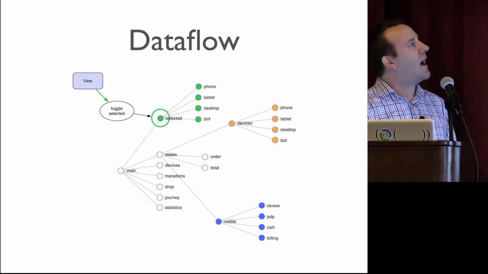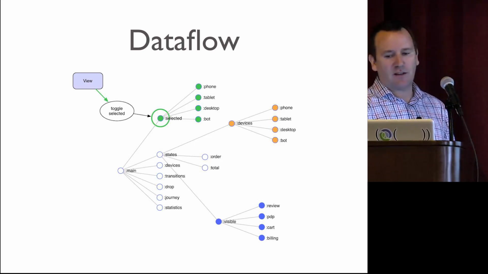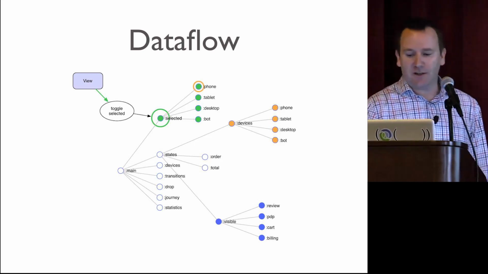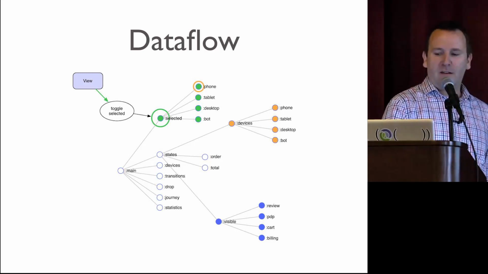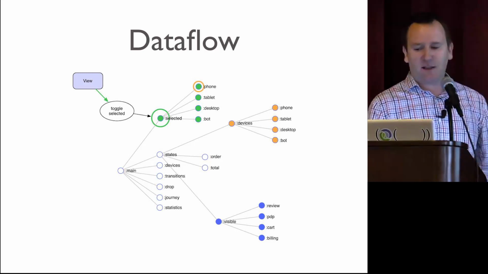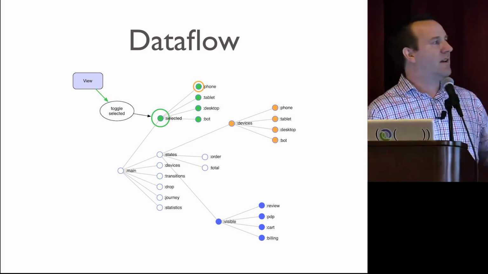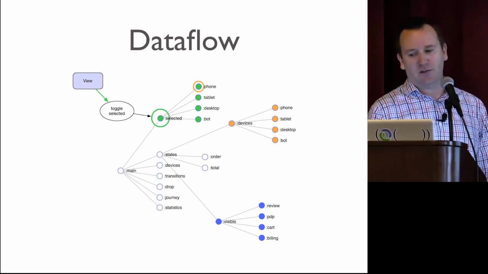And even though it operates on a specific subtree, the thing that it changes might just be the phone node of that selected subtree. And then the visible node, the blue one down at the bottom, it depends on selected. So if that selected changes, we want the visible subtree to change.